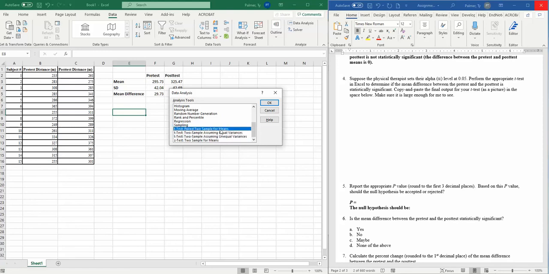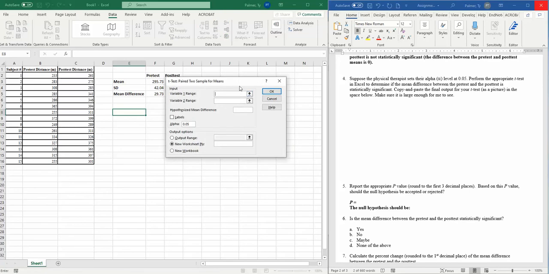This test here, that's the dependent samples t-test. Because we're testing the same subjects twice, this is the one we're going to use. This is the dependent samples t-test, also called a paired t-test, so it makes sense that this is the one we're going to choose, this paired 2 sample for means. Once we have it highlighted, click OK.